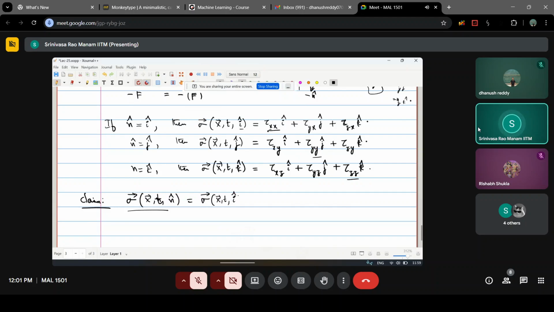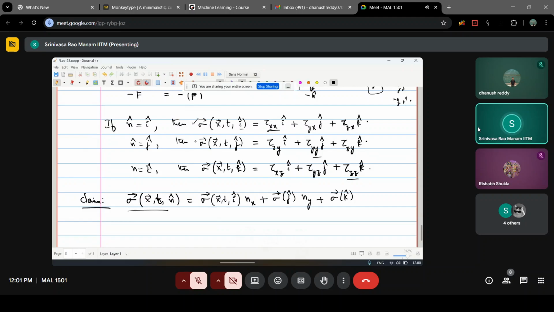Every time you need not write this x, t, but anyway, we'll write it. So this into nx. This is already a vector with the component nx. nx is basically the coefficient of n, right? So that is a scalar. Then you will have n bar at j. I'm not writing x, t, ny. Similarly, and k.